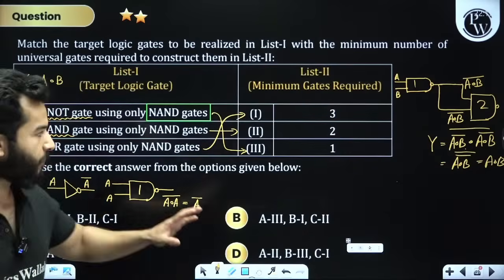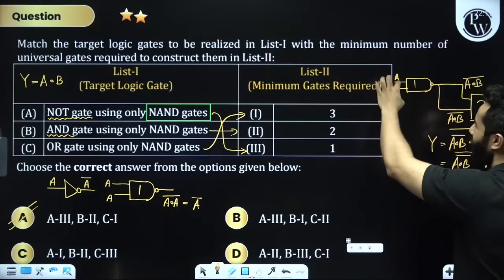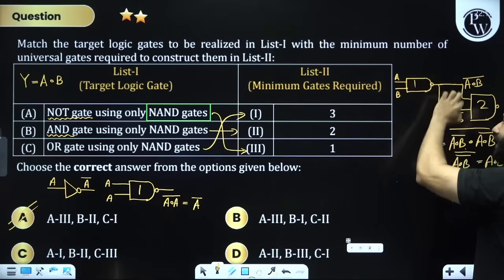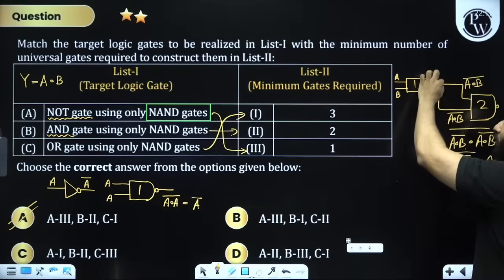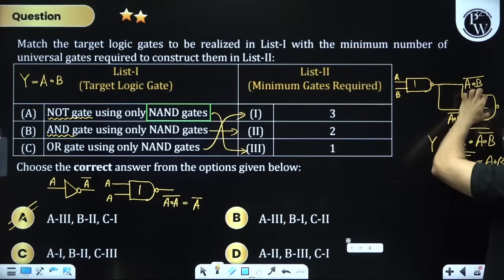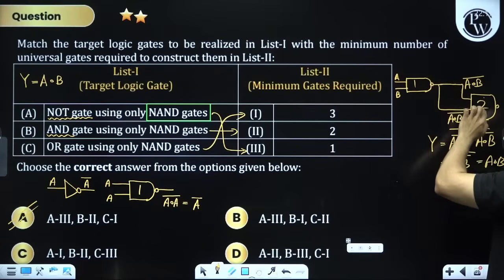Veeramani, no problem. For the B part, what I have done is, this is A and B. So this is A dot B. Now I have taken another input from it. I can do this. This is known as twisted inputs. So I have taken another input from it and I have used another NAND gate, and the output from the first gate is being used in the second.